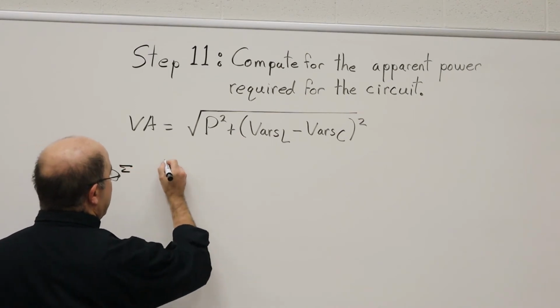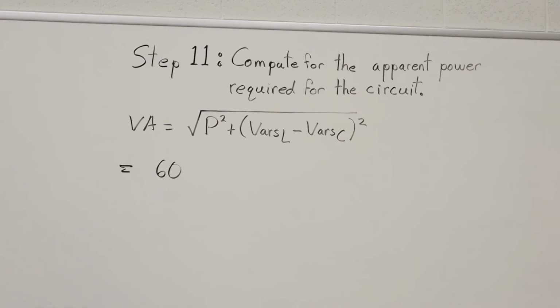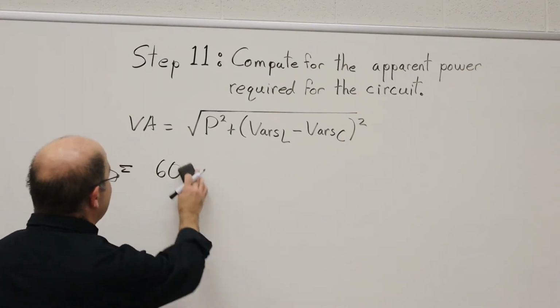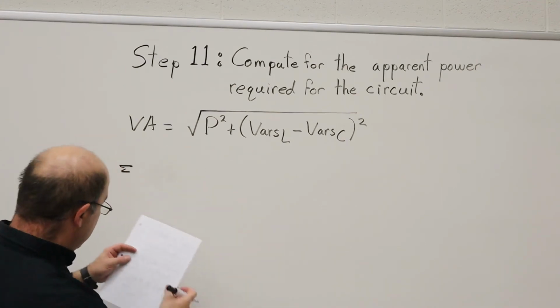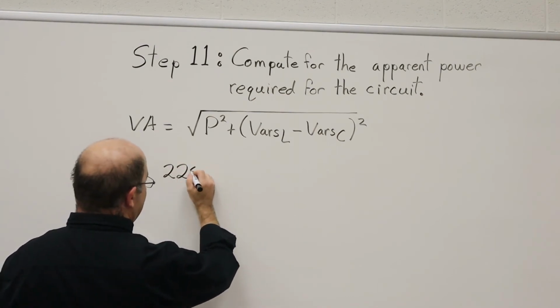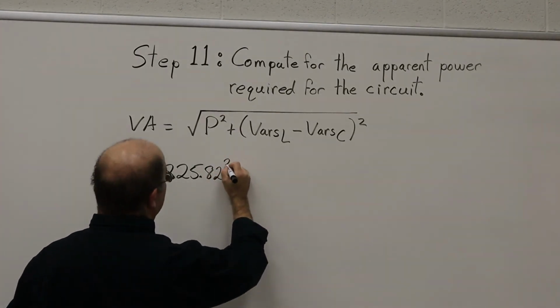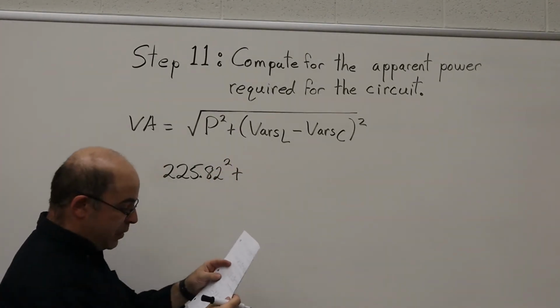So if we have 60 ohms as the value of resistance. The value of power is 225.82. Whew. That could have been a catastrophe.